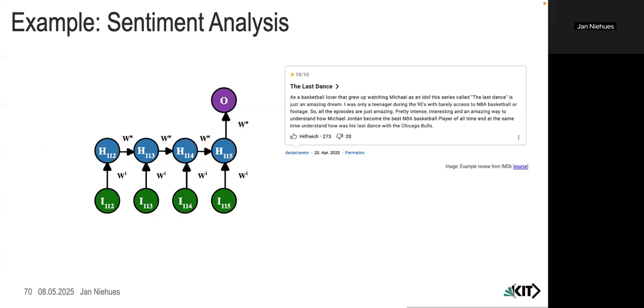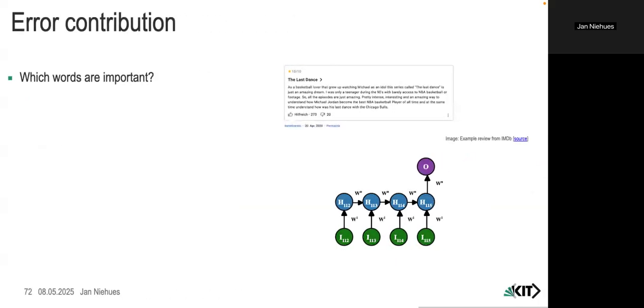What we then saw is that, of course, we can only decide whether it's positive or negative at the very end. However, the indications of why might be a lot earlier. The most important things are maybe words like amazing, which should give us an indication that this is a positive review.